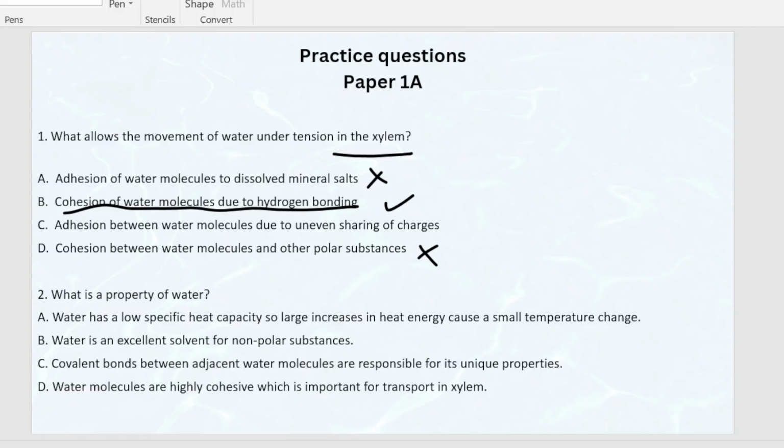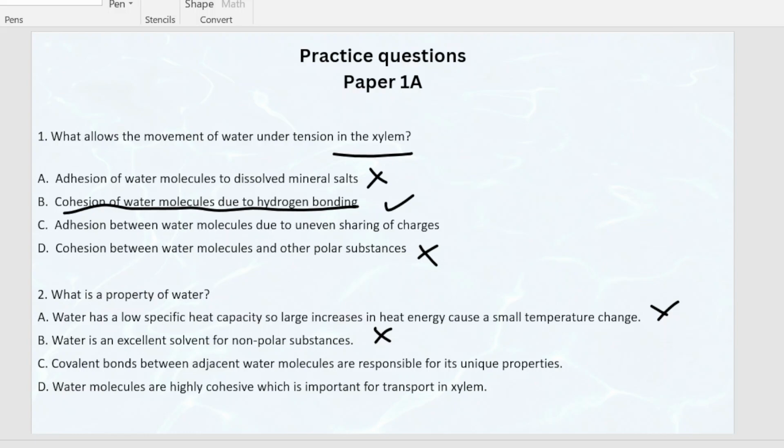Okay, so what is the property of water? Water has a low specific heat capacity. No, water has a high specific heat capacity. Water is an excellent solvent for non-polar substances. No, water is an excellent solvent for polar substances. Covalent bonds between adjacent water molecules are responsible for its unique properties.